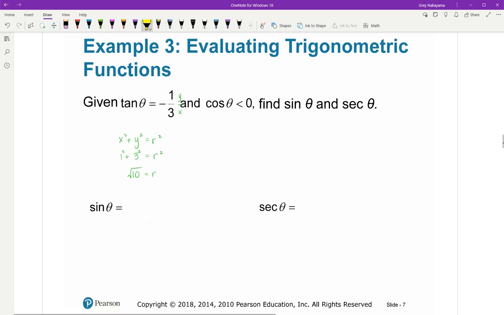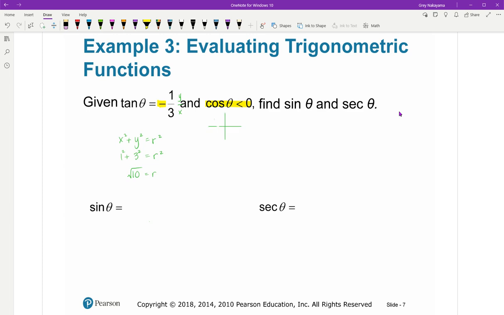But what you do have to know is, where does this negative go? Does it really apply to the y or to the x? So using this given information, I need to determine what quadrant it's in, or I'm not going to know whether the sine and the secant are positive or negative. Again, I'm going to think of my little quadrant system here.